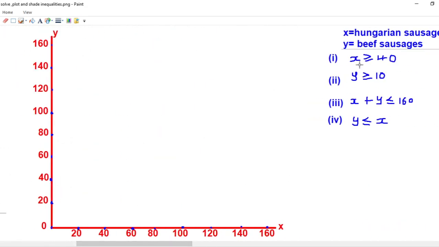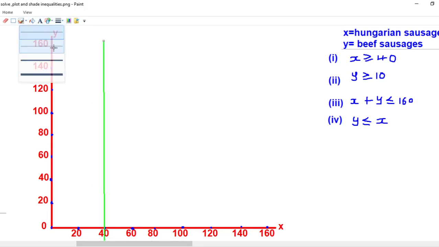We have x greater than or equal to 40. So that's x. Remember, the x line passes just straight right here. Let me again use a thick line, like this one. Good. So this line is passing at x equals 40.